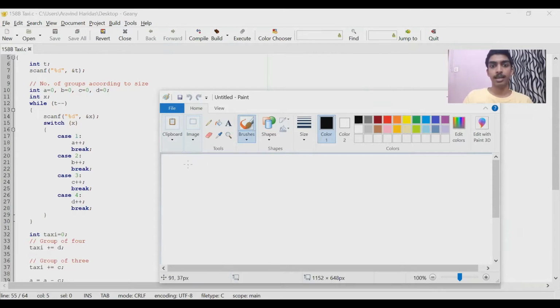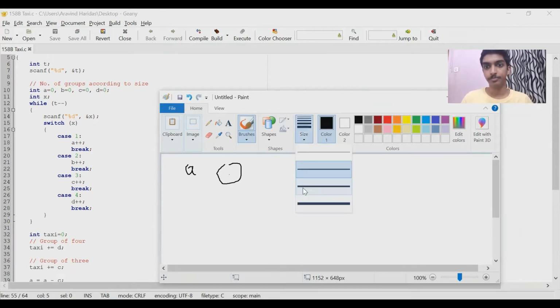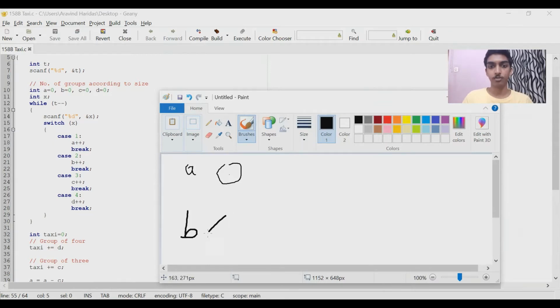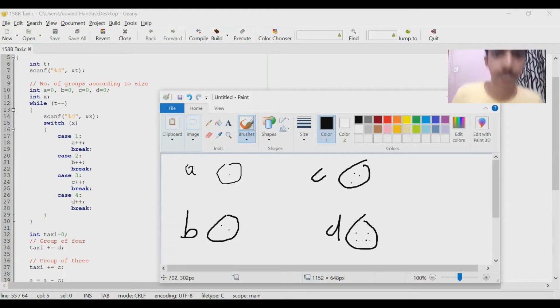A is for the number of groups with 1 person, B is for the number of groups with 2 people, C is for the number of groups with 3 people, and D is for the number of groups with 4 people.